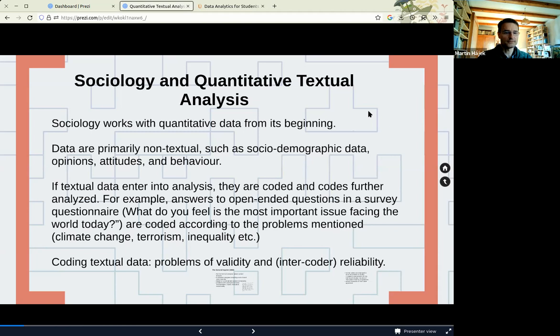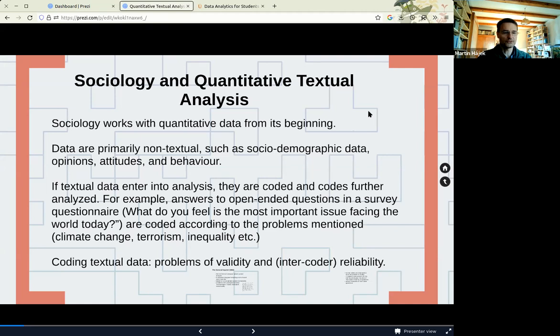And how to code these two answers, because climate change and global warming may be perceived by respondents as two different things, or we can suppose we code it as one category because they are interrelated.